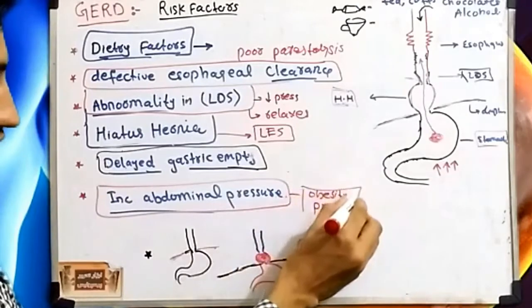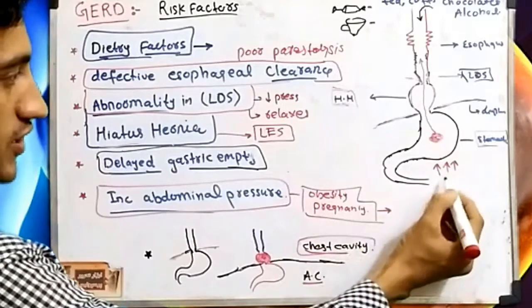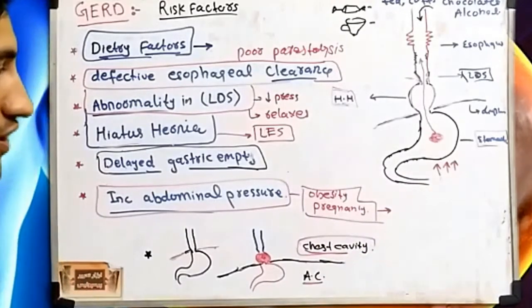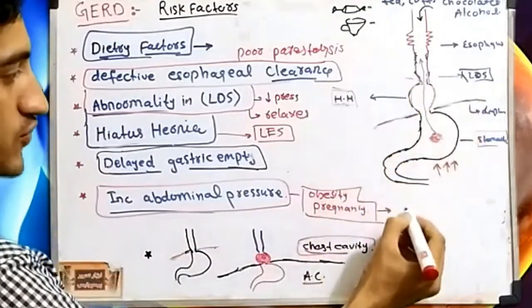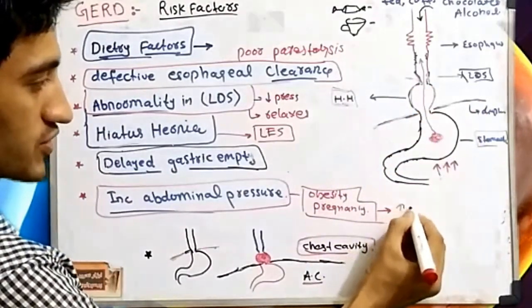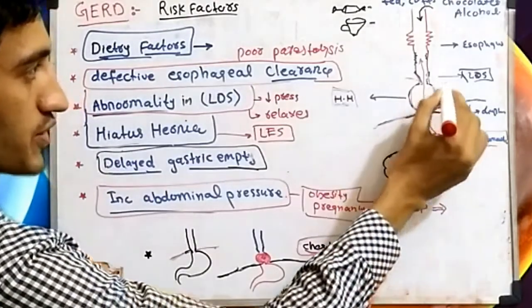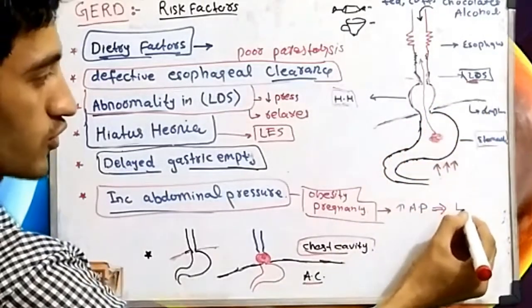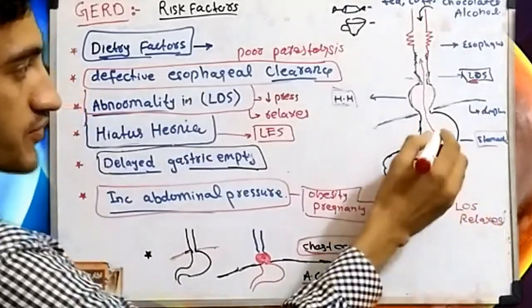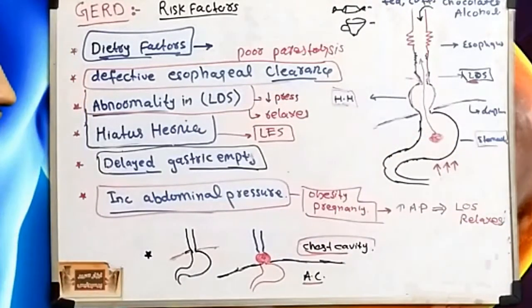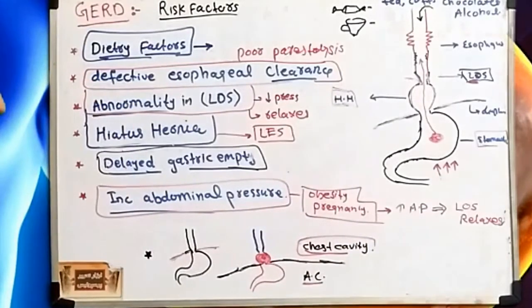In obesity and pregnancy, there will be an increase in abdominal pressure, and this increase in abdominal pressure will cause relaxation of the lower esophageal sphincter, and as a result, there will be backflow of gastric contents into the esophagus, leading to gastroesophageal reflux disease.